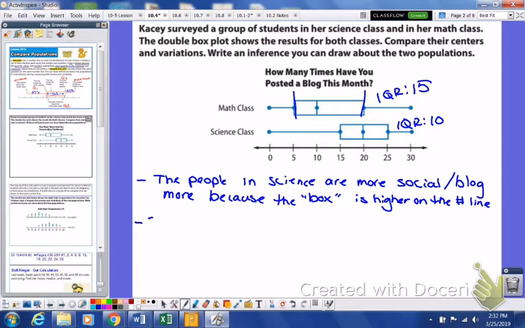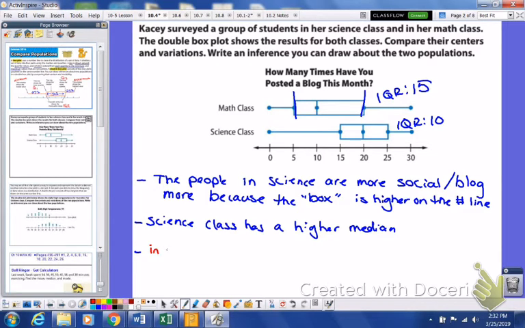We could say that the science class has a higher median. And then one last inference we can make here, I'll do this one in red.